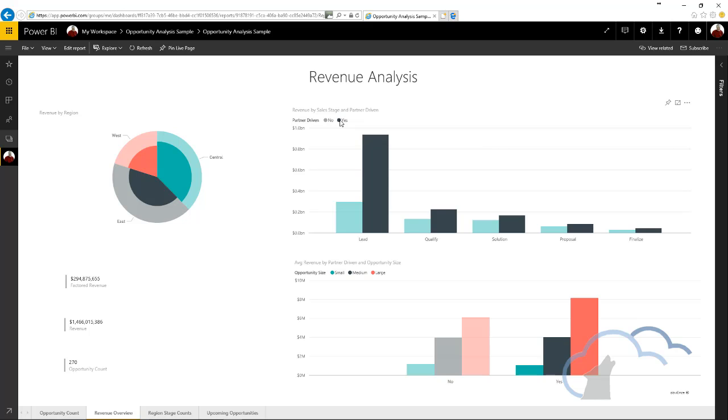For partner driven business, average revenue for large opportunities is almost double that of medium-sized opportunities, 4 million. Average revenue for small and medium businesses is comparable for both partner-driven and non-partner driven business. Clearly, the partners are doing a better job selling to customers. It might make sense to funnel more deals through the partner channels.